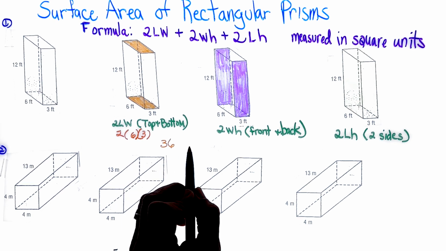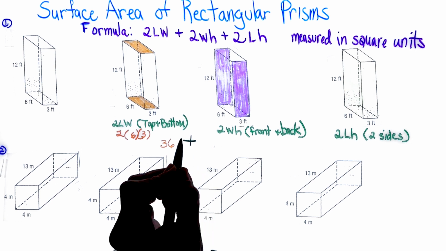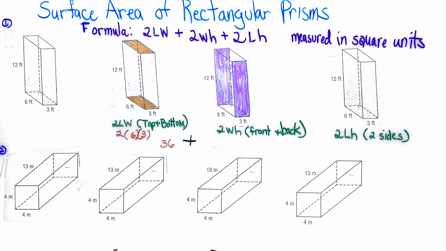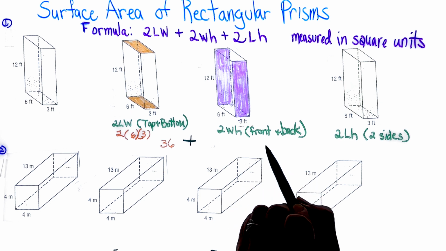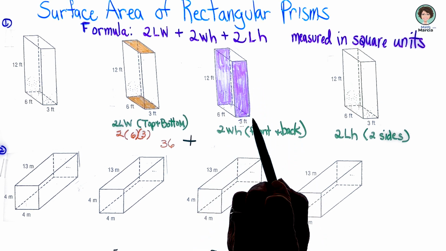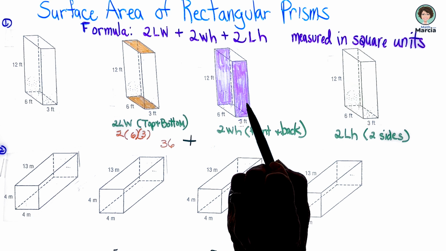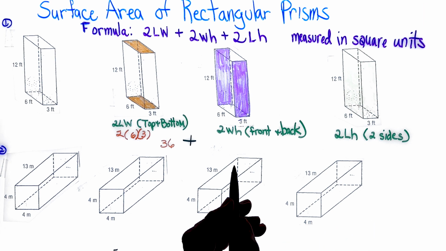So now we are going to add that to 2 times the width times the height. And again, I wanted you to see, here's my width and my height is how tall my object is. So it's kind of like the front and the back of this rectangular prism, and you can think about it as being like your cereal boxes.